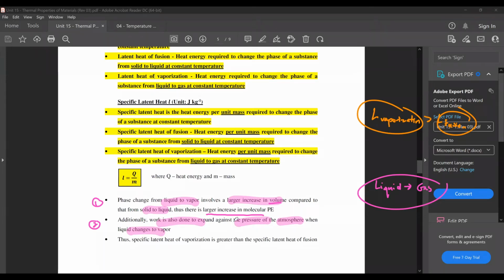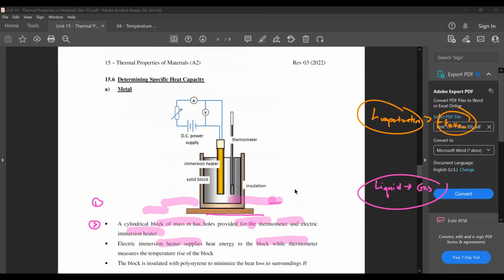So when you have a larger increase in volume and you need to do work against the atmosphere, this causes your phase change to require even more energy. That's why specific latent heat of vaporization generally will be greater than specific latent heat of fusion. Namely because number one, larger increase in volume. Number two, you have to do work against the atmosphere. So this is one thing to note.